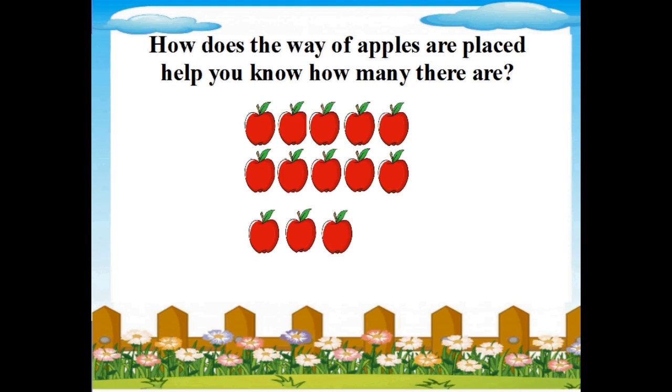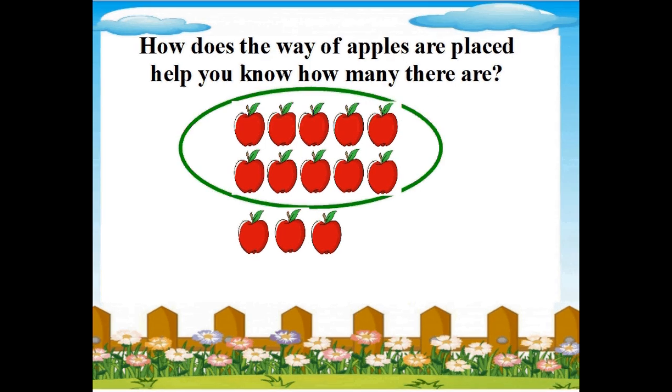How does the way the apples are placed help you know how many there are? I see a set of 10 apples like on a 10 frame and 3 more. 1, 2, 3. So I know that there are 13.